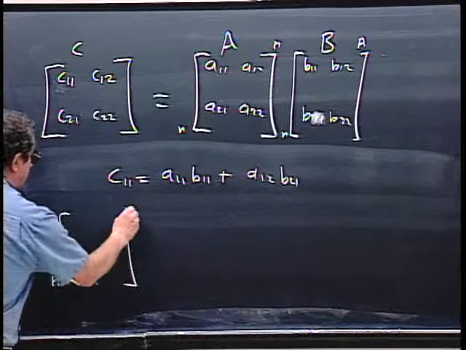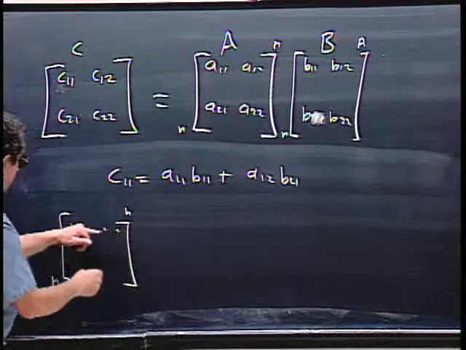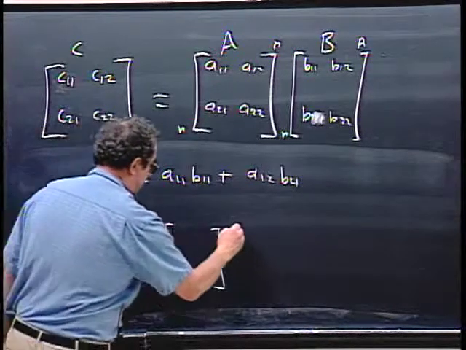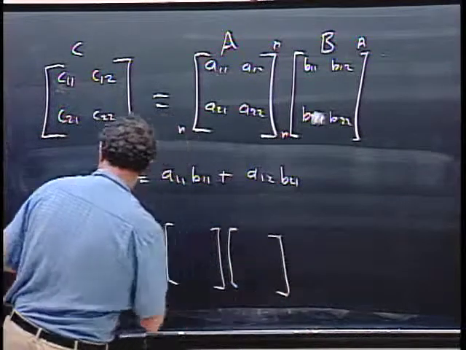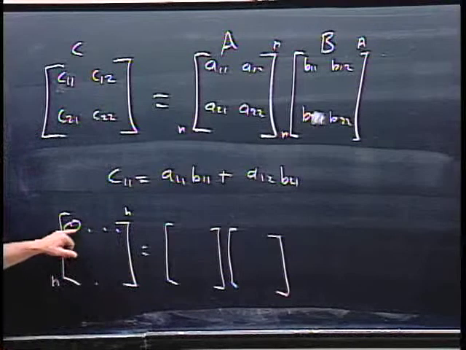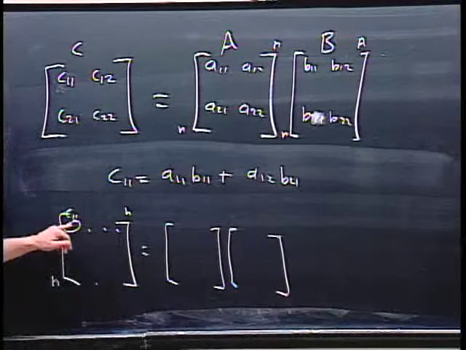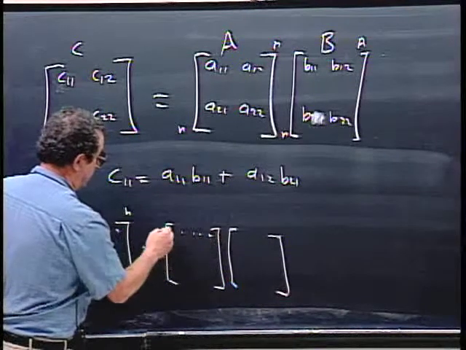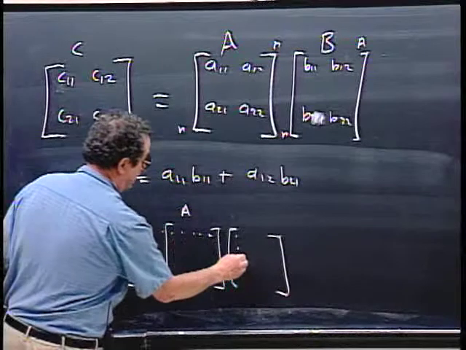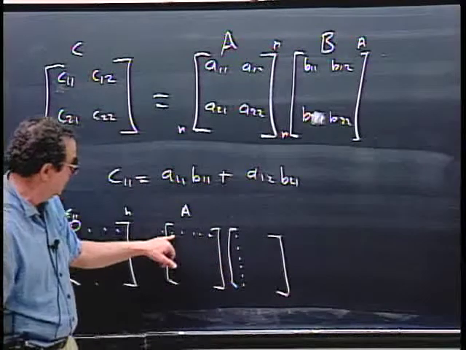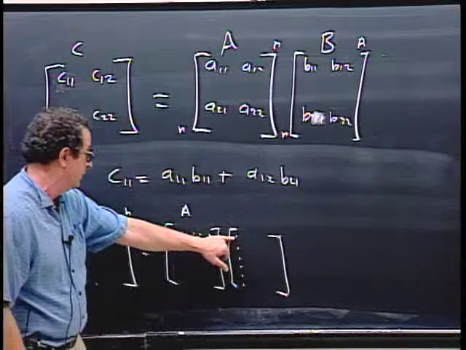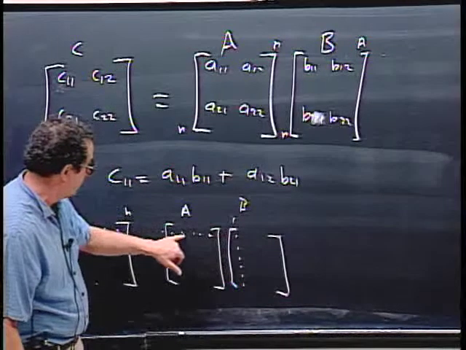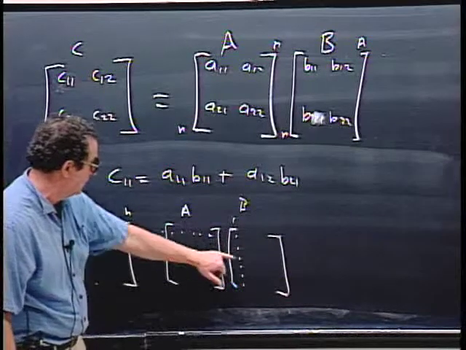If we talk about an n by n, then each row has n entries, and to get the first entry here, which is still C11, we have to multiply all the individual values in row 1 of A by the corresponding individual values in column 1 of B. So this one gets multiplied by that, the second one by the second one in the column, the third by the third, and so on.